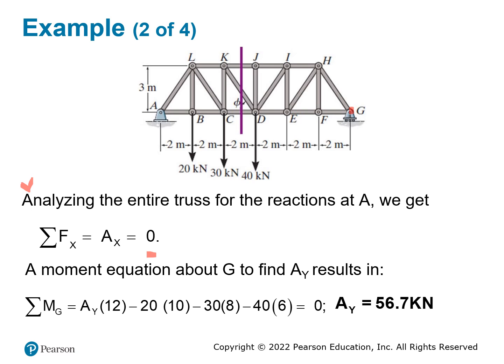And you have this force create a moment, this force create a moment, this force create a moment, and the force that is Ay will create a moment as well. Ax equal to 0, so we don't consider that. And this is the summation moment of G that gives you the solution of Ay is 56.7 kN.